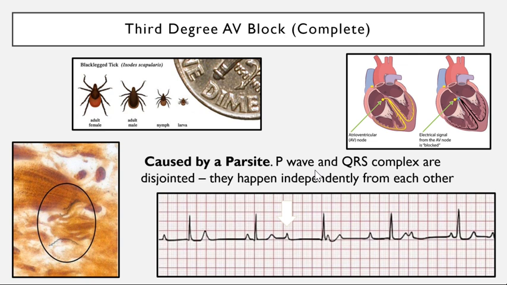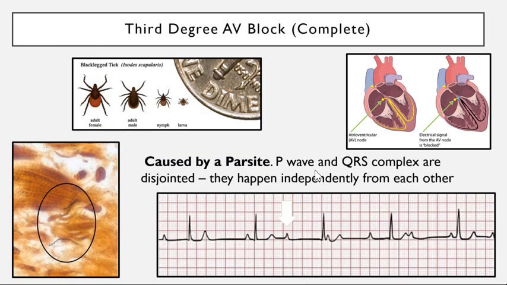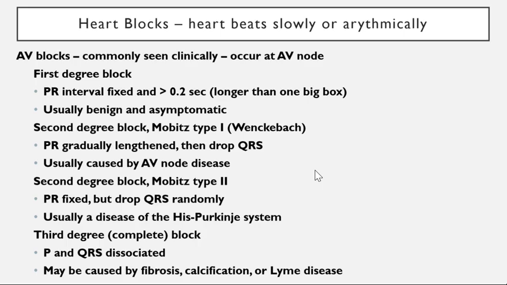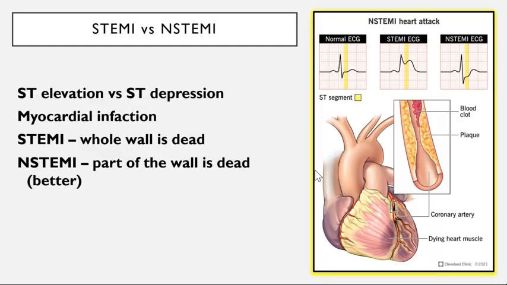That's what we mean by AV block. And you can see it best here, but in all of these you don't have proper conduction from the AV node.